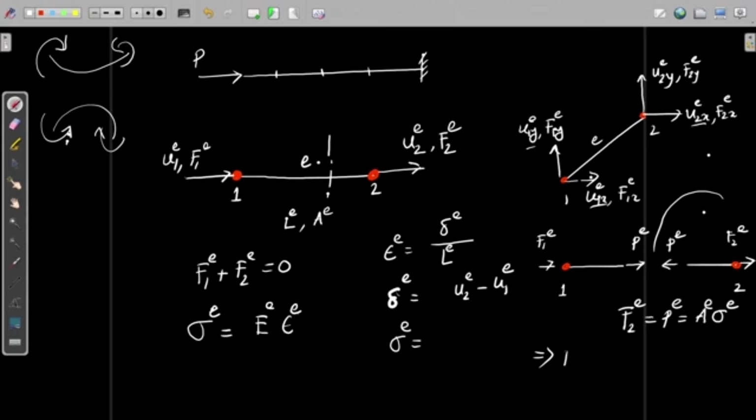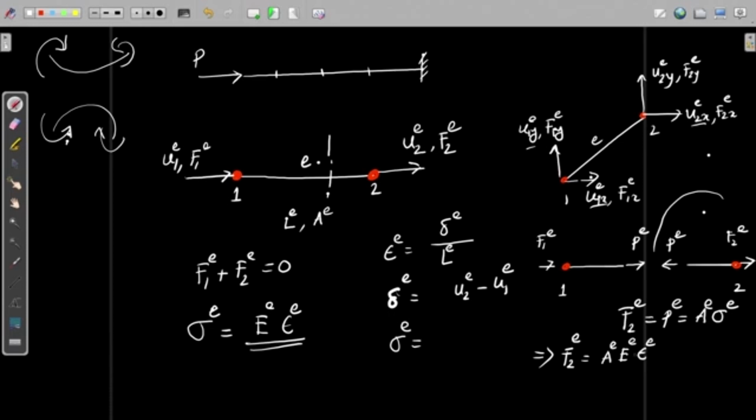So P E we can write as F2E. If we substitute the expression of stress, this gives you A E into E E into epsilon E. And this comes from the constitutive relation, Hooke's law in this case.